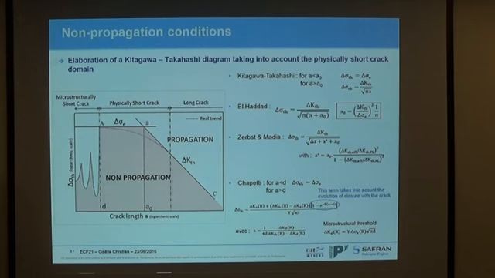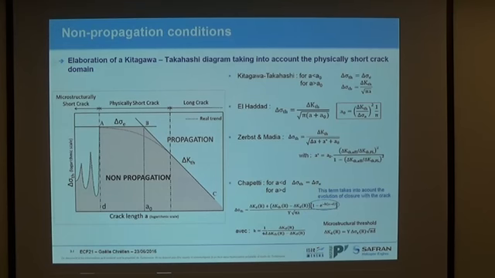The tool used to determine the non-propagation conditions is the Kitagawa-Takahashi diagram. This diagram combines the fatigue limit in the domain of microstructurally short crack and the long crack propagation threshold in this third domain. We will focus on the transition domain here, which characterizes physically short crack.